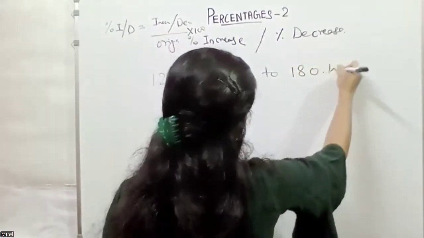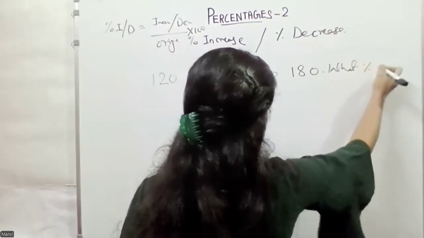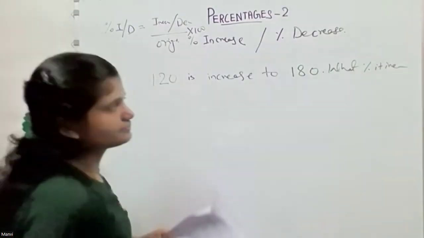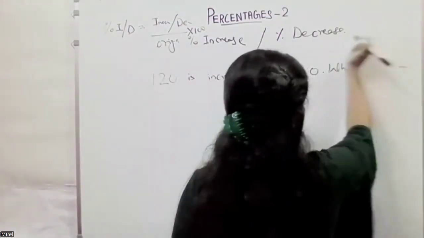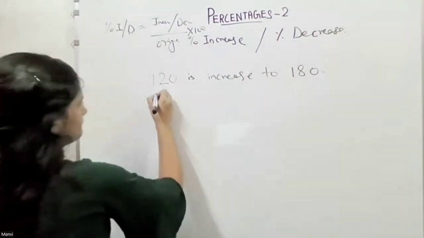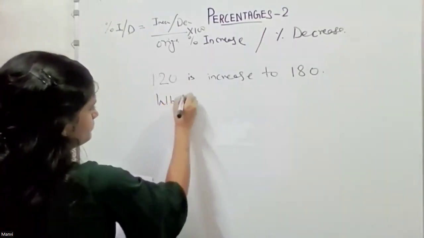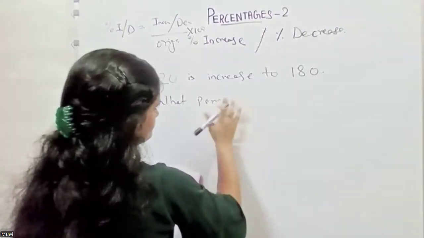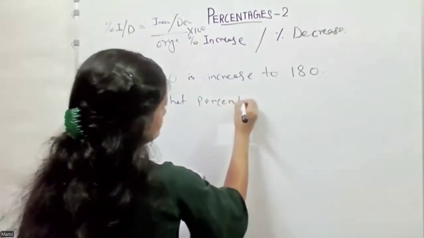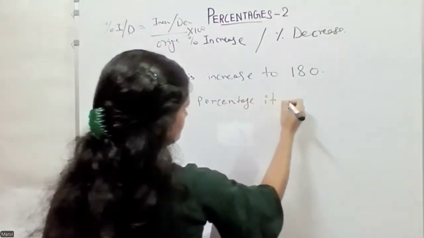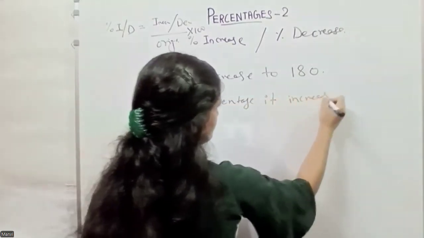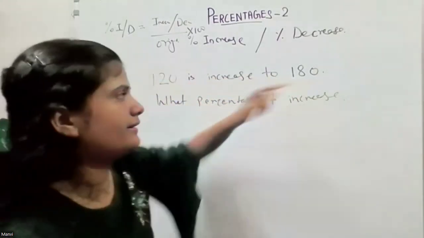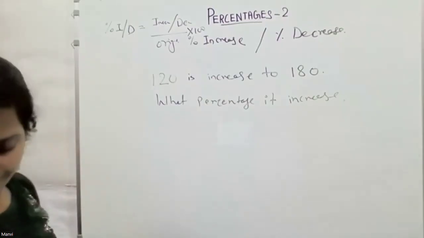What percentage did it increase? Increase is addition, right? And decrease is takeaway. Earlier it was 120, now it became 180. So what percentage did it increase?